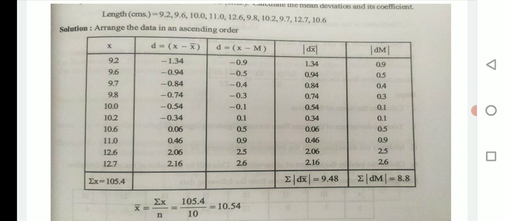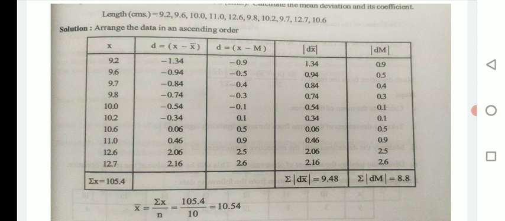Then we have to find d, that is x minus x bar, calculated for each observation. Then next, m means midpoint, so we have to calculate the midpoint, and dx we have already calculated. Then dm we have also calculated, and putting all these values in the formula we can calculate the mean deviation.